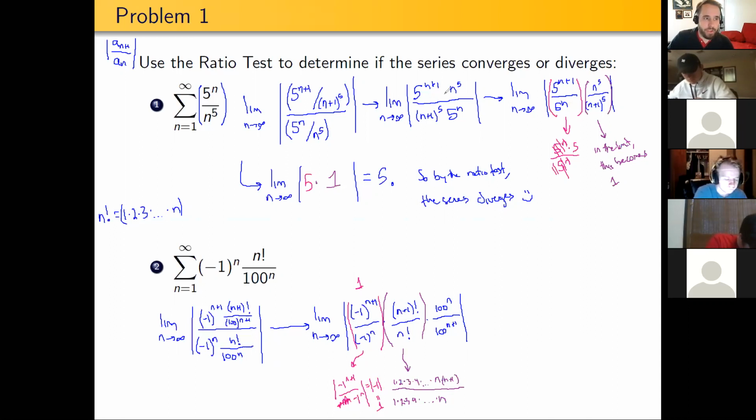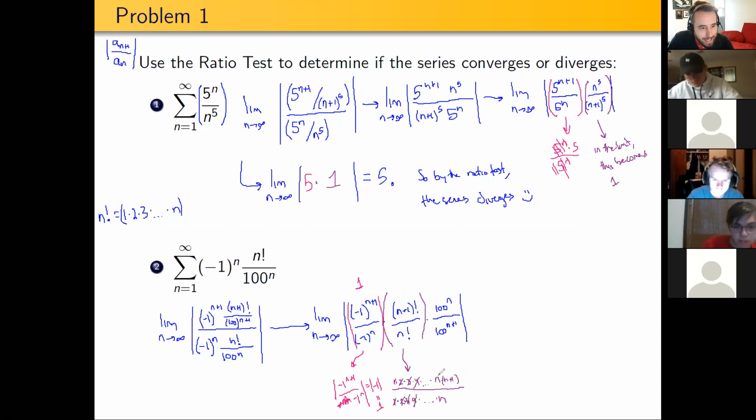So it's the product of the first n numbers, and up here the product of the first n plus 1 numbers. And what we realize is that as we go forward, most of these terms will cancel. So of course the 1s cancel, the 2s cancel, the 3s cancel, the 4s cancel, and so on.